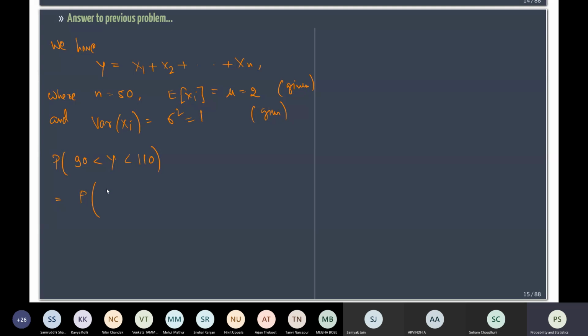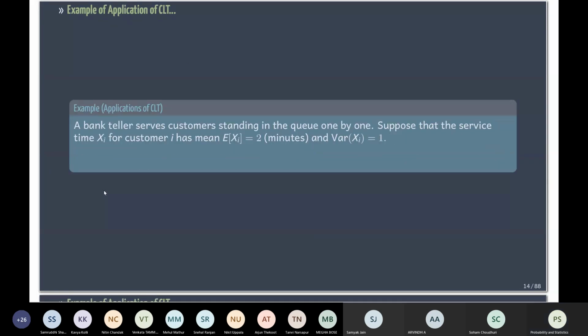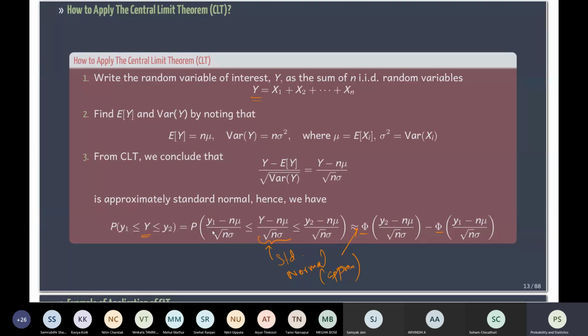Let me check, I forgot already. So y1 minus n mu by square root of n sigma. Sorry, we should look here because we will be computing this with respect to phi. The first step will be anyway this, y1 minus n mu divided by square root of n sigma.